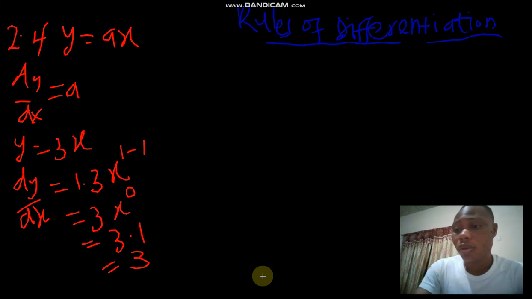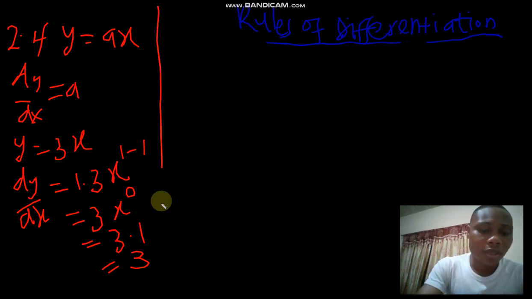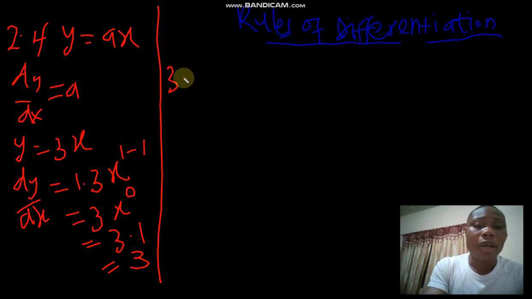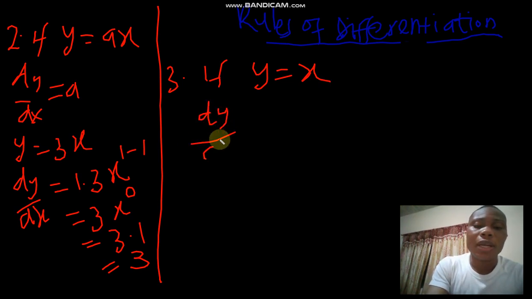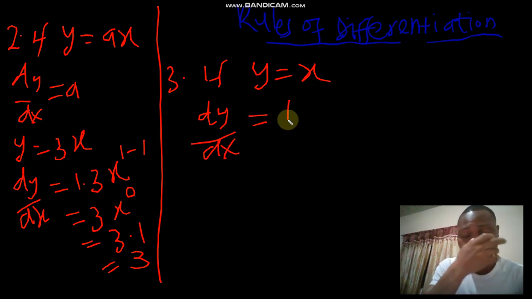Alright, so let me just divide this section. So I look at the third one, where I have a function where y is just equal to x. So when I'm applying dy/dx, I'm supposed to get 1. Are you okay?